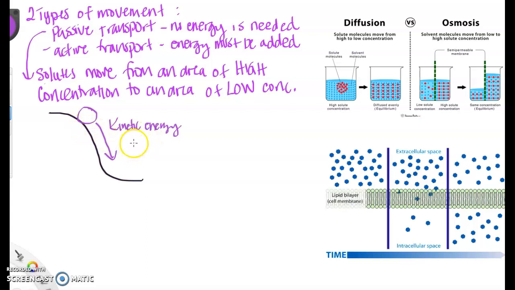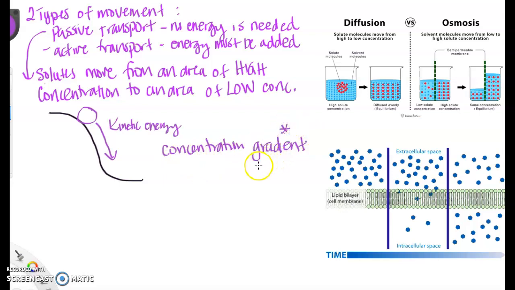And the steeper the hill, the faster it'll roll. The less steep the hill, the slower it will roll. Okay? So we call that the concentration gradient. The steeper it is, the faster it'll go. The less steep it is, the slower it will go. So that is the gradient.